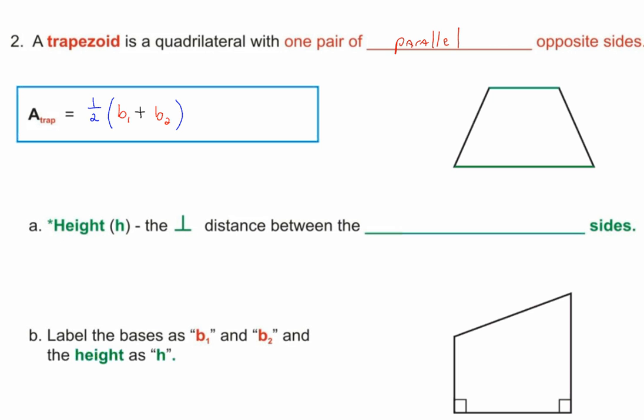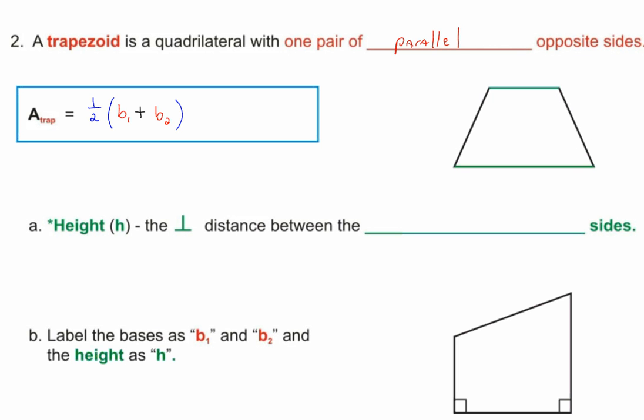In other words, don't do this, but I could split this off right here, take this triangle, switch it around, and stick it right there, and see how you'd have a parallelogram. So the 1/2 base 1 plus base 2 takes all of that into account and figures it out. Anyhow, it doesn't matter.